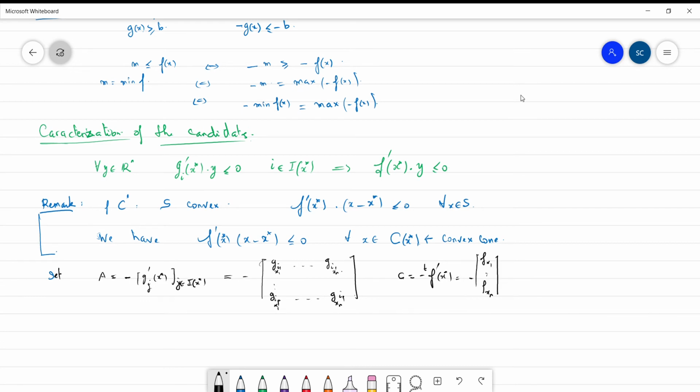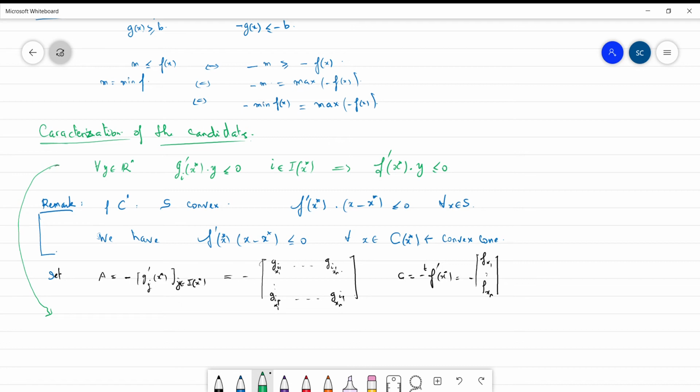Now let's rewrite this implication here.